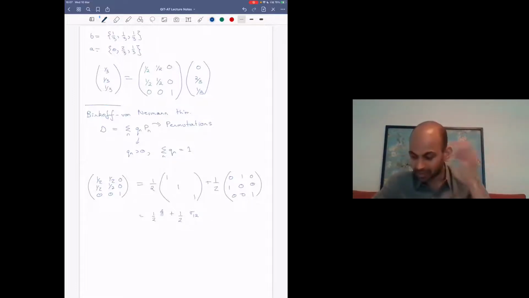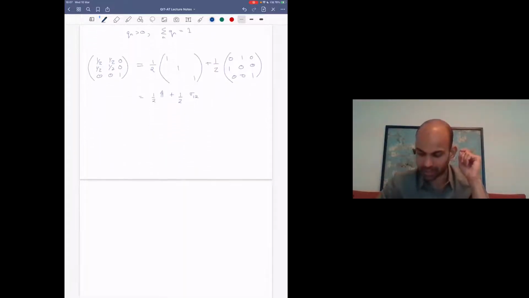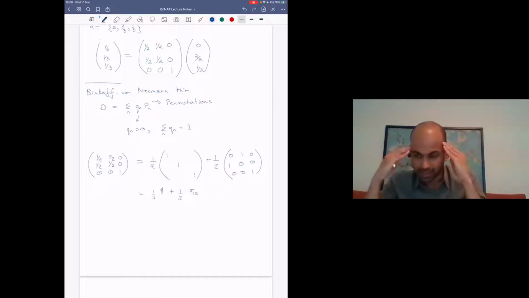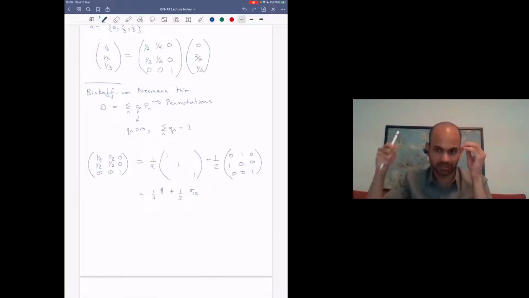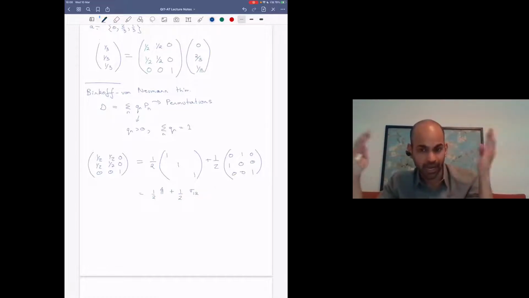Okay, so this is rather useful because it means that if you look at the set of all doubly stochastic matrices, this is a convex set. And the extreme points of this convex set are the permutation matrices. So if anybody has been introduced to the language of polytopes, another way of saying this, and this is not important to understand for this course, but it is a useful geometric way to see this: if you write the doubly stochastic matrices in terms of putting every one of their elements as some coordinate on the real line, then you will get a very high dimensional space in which the doubly stochastic matrices will be a set.